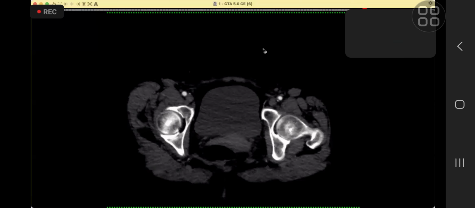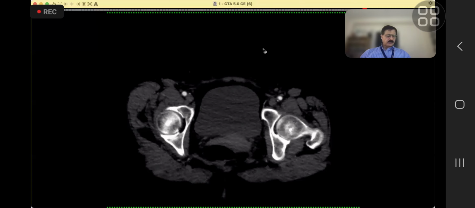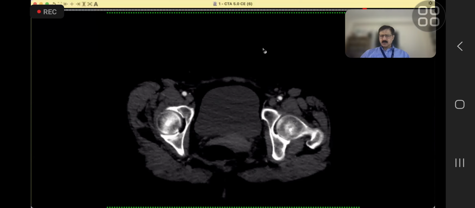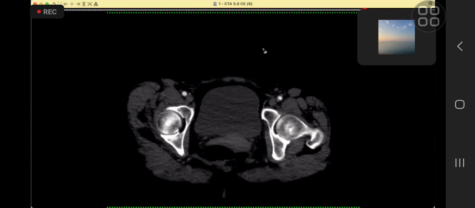Give me the Stanford classification. This type will be Stanford A because it involves the distal arch and the descending thoracic aorta. You mean to say B, correct? Honestly, doctor, I need to see the coronal images.